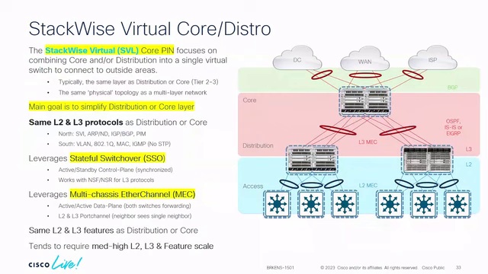You guys have already seen these kind of slides, so I'll just go through them pretty quickly. And by the way, I just focus on the stack-wise because I hope you guys already know equal cost multipath by now.